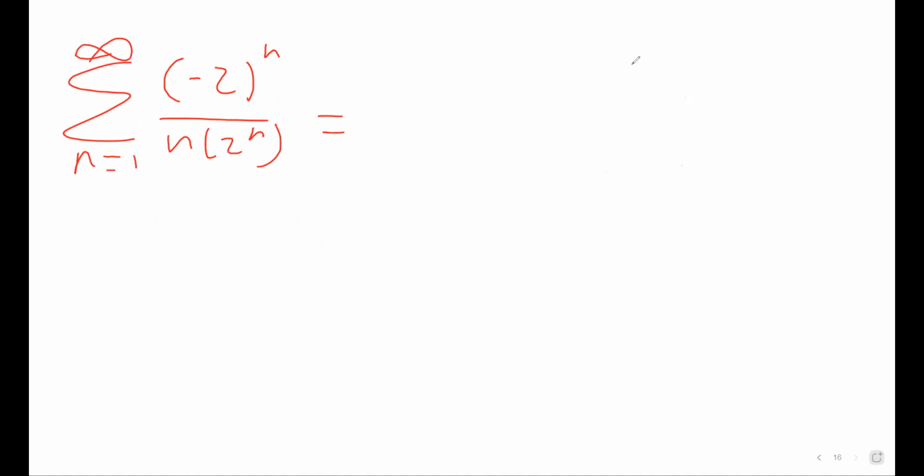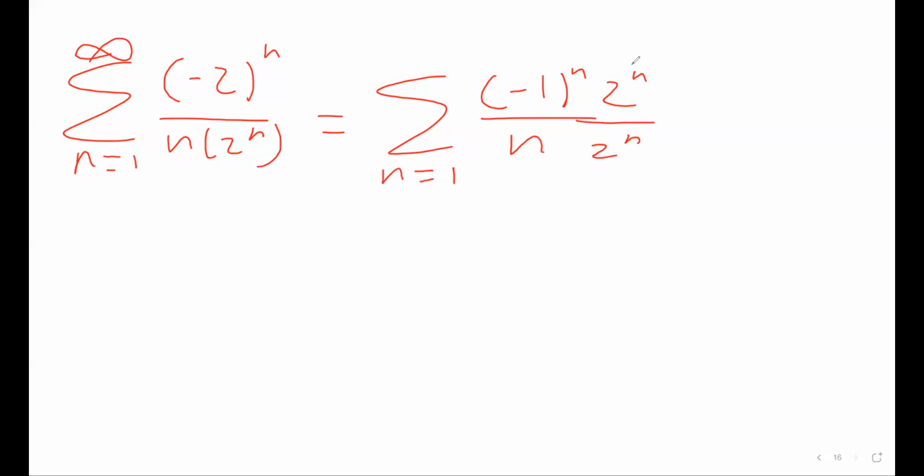If we do some simplification, that's supposed to be a -1. Those will cancel. And if you remember, this is an alternating series, so this one will converge. So at -2, we have convergence.